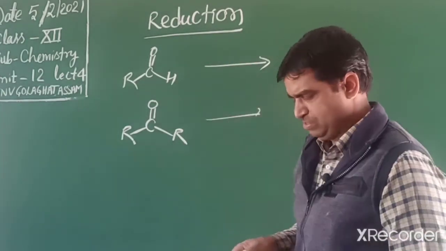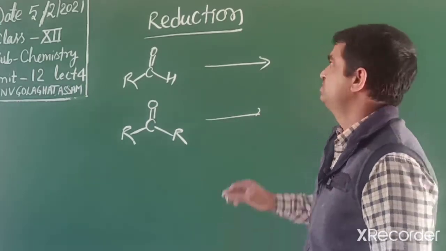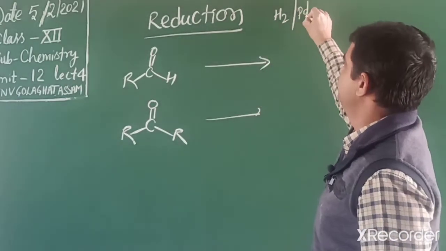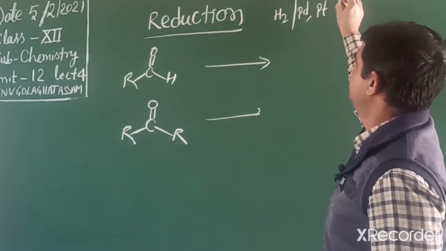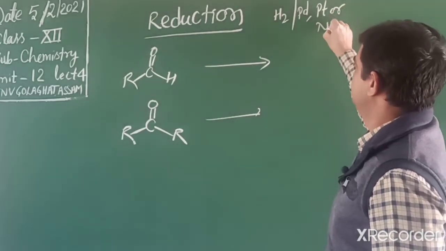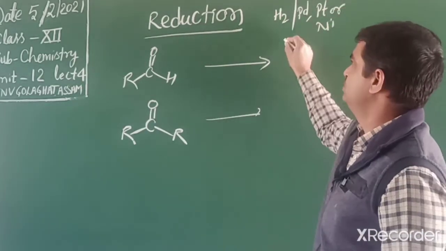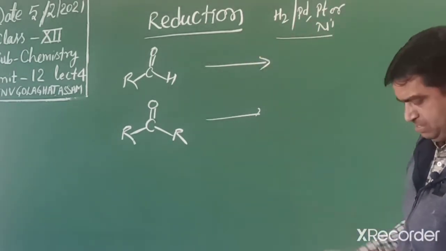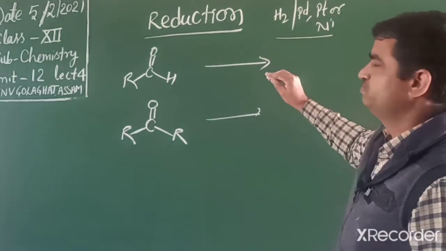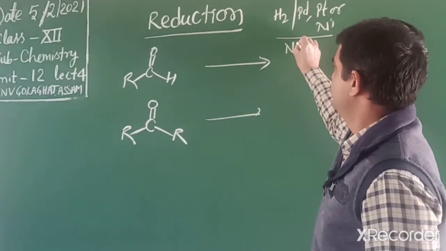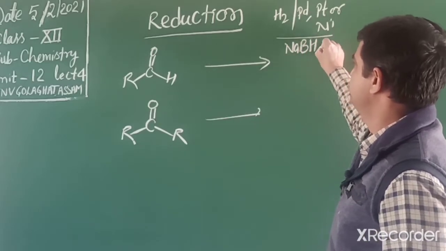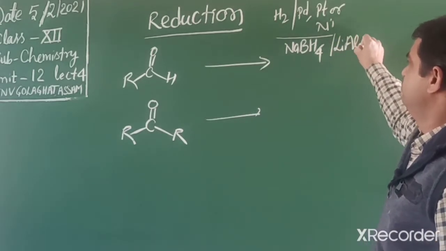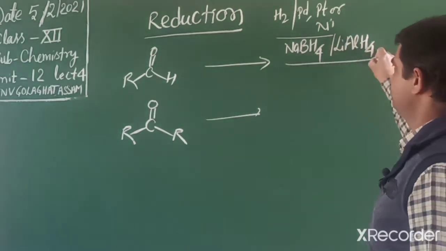For reduction we need reagents like hydrogen in the presence of a catalyst, palladium, platinum, or nickel. This reaction is known as catalytic hydrogenation. Or we can use a strong reducing agent like sodium borohydride or lithium aluminium hydride.